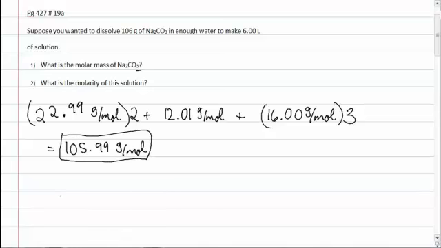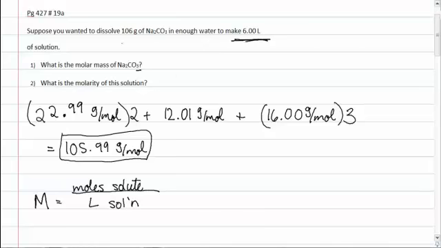Part 2 says, what is the molarity of the solution? For part 2, we need the molarity equation. Molarity, represented by the uppercase M, equals moles of solute over liters of total solution. We have liters of solution up here, 6.00 liters, but we need the moles of the solute.